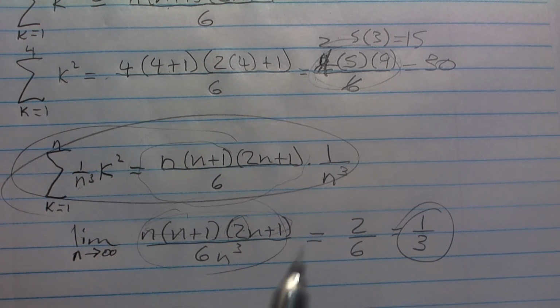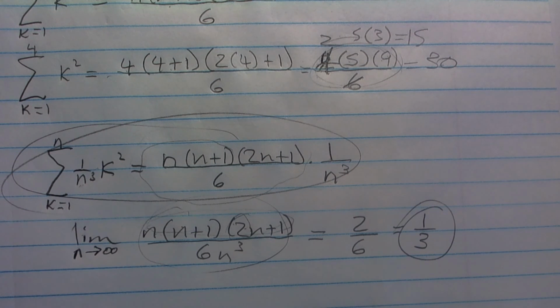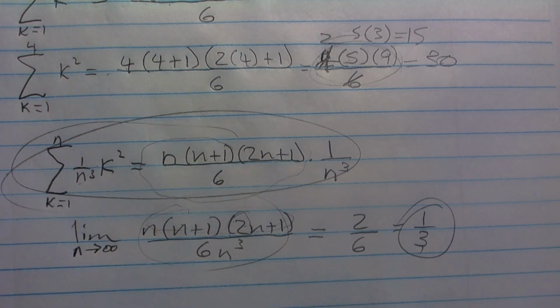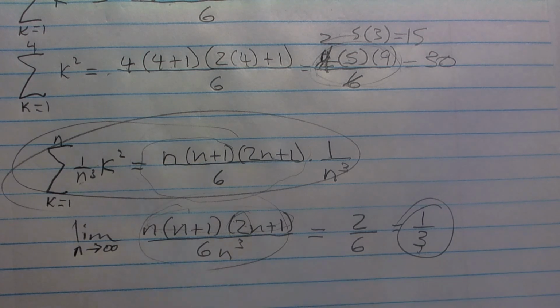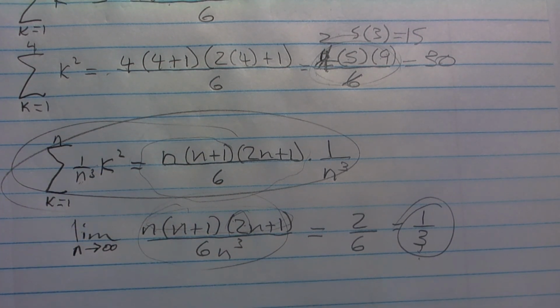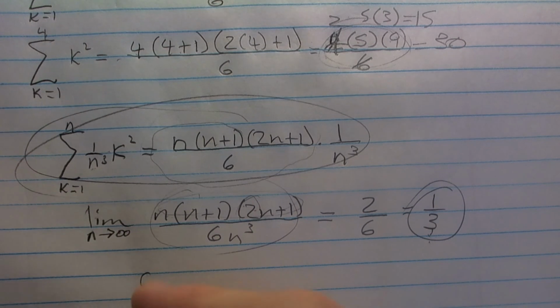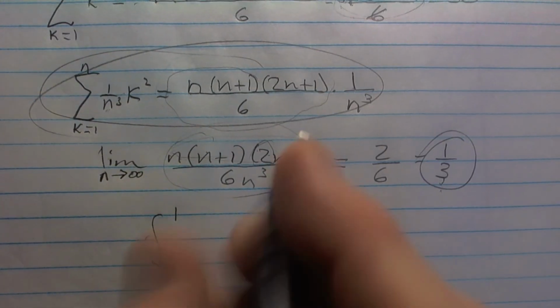The limit is 1/3. We are interpreting that to be the area under the curve. That is the exact area under the curve. This is the number we get when we add up all the rectangles from 0 to 1, and there's infinitely many of them.